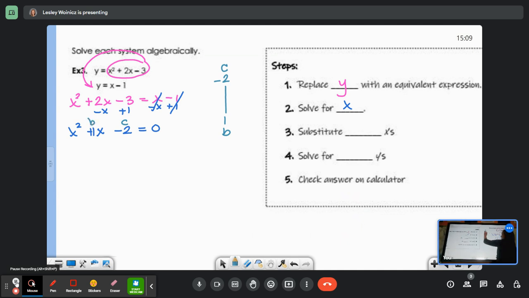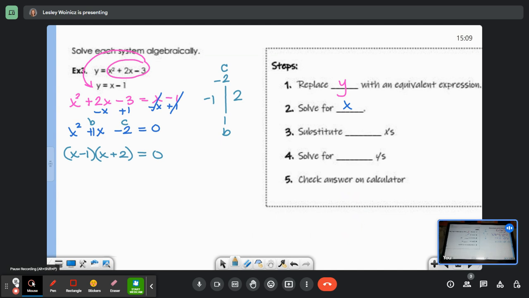Okay, it is 2 and -1. You are correct. Everybody okay with how we got that? So my binomials that multiply to my trinomial are x minus 1 times x plus 2.